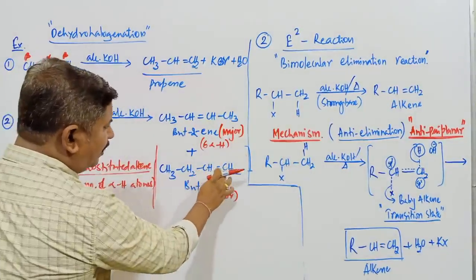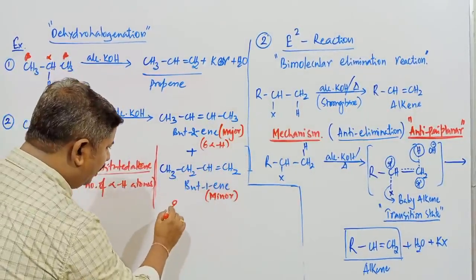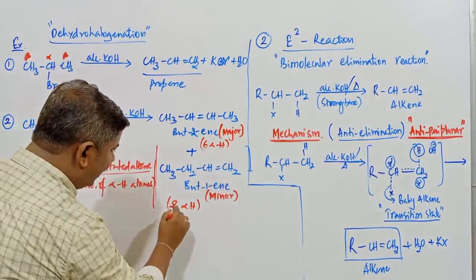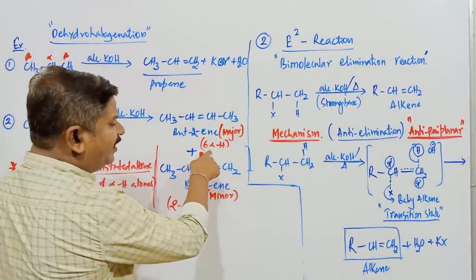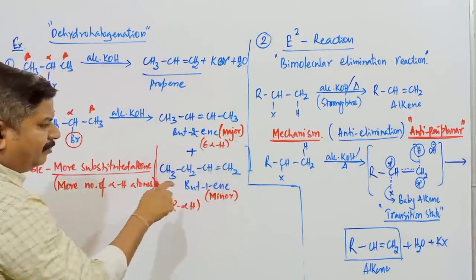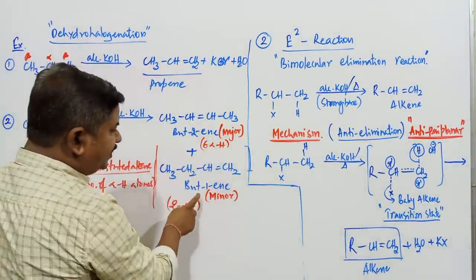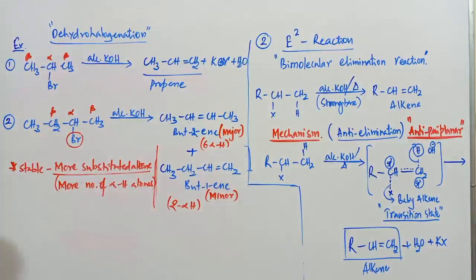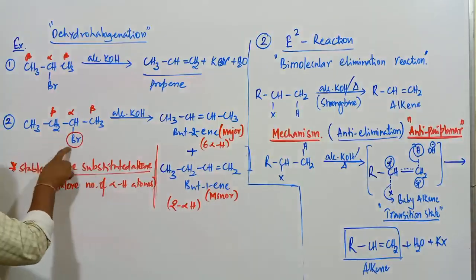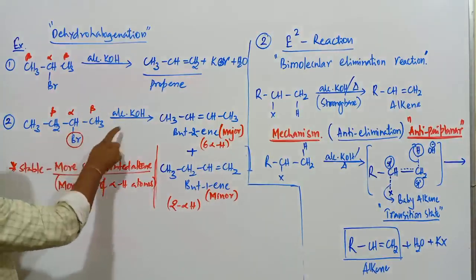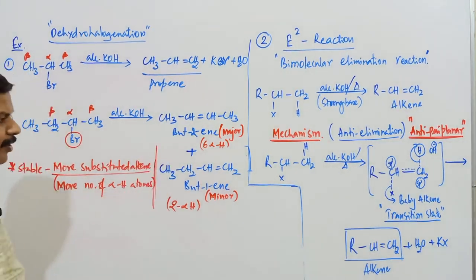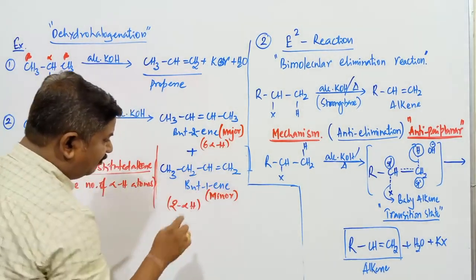And here, at this carbon-carbon double bond, there are only 2 alpha hydrogen atoms. Naturally, the compound which has 6 alpha hydrogen atoms is more stable compared to but-1-ene. So this is the major product, this is the minor product. In an examination, if they ask what happens when 2-bromobutane is treated with alcoholic KOH, you have to write both the products, major as well as minor.